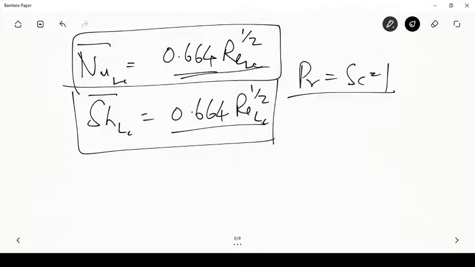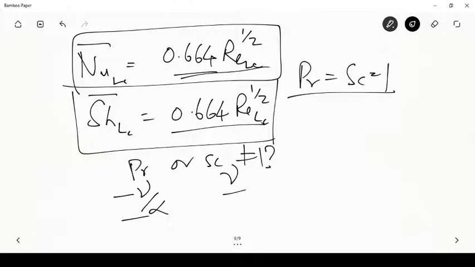Okay. What happens when Prandtl number or Schmidt number are not equal to 1? Now this is something that we'll need to closely think about to understand. What is Prandtl number? Prandtl number is nu by alpha, which is the momentum diffusivity divided by the thermal diffusivity, and this is nu by D, the momentum diffusivity divided by the mass diffusivity.